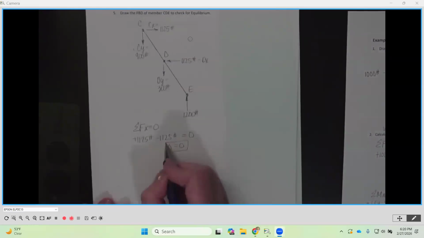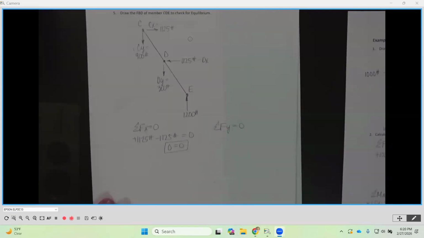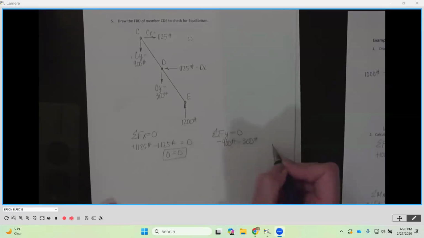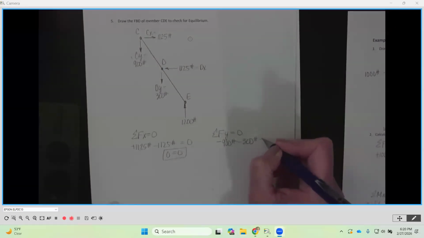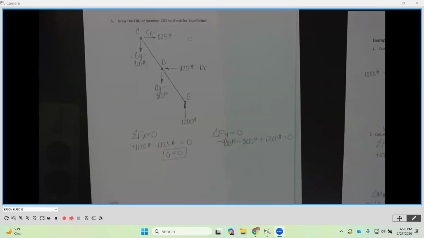Okay, that is good. I'm going to do the same thing in the Y direction. So I'm going to sum my forces in the Y direction equal to 0. I've got a negative 900 at CY, negative 300 at DY, and a positive 1200 at E equal to 0.